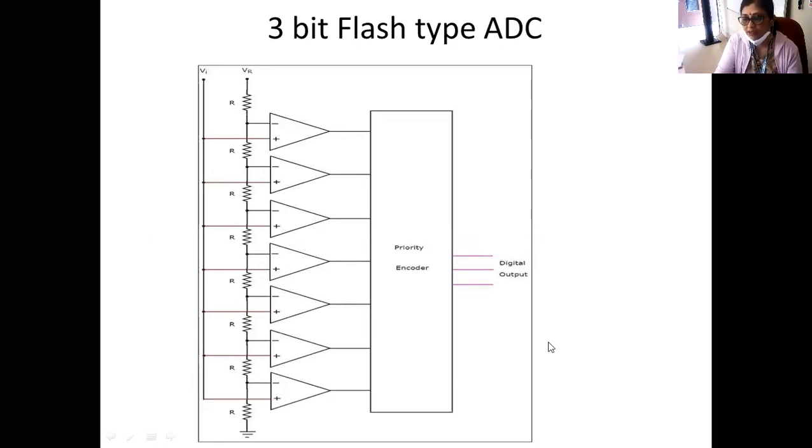Here you can see that the voltage at this point will be V reference by 8. Here it will be 2 V reference by 8, which is nothing but V reference by 4. Like this you are going to do it.